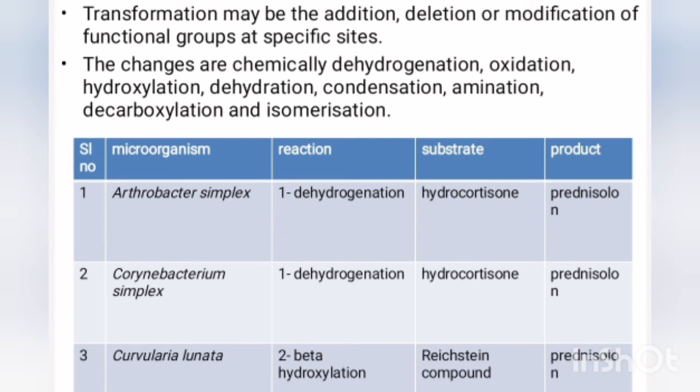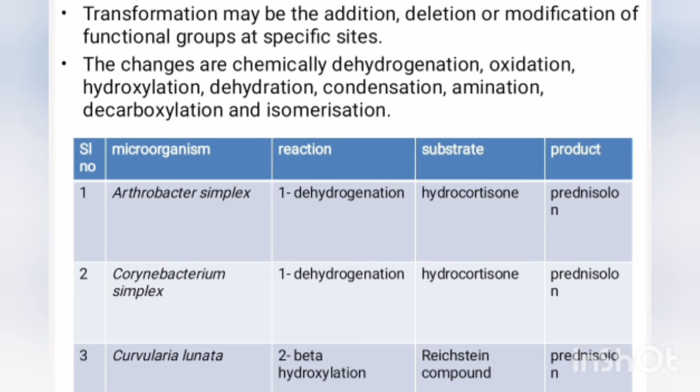Transformation may be the addition, deletion, or modification of functional group at a specific site. The changes are chemically isomerisation, amination, decarboxylation, dehydration, condensation, oxidation, hydroxylation, or dehydrogenation.